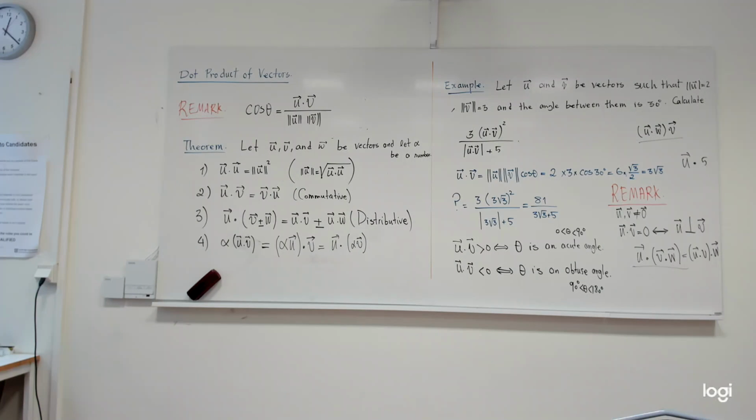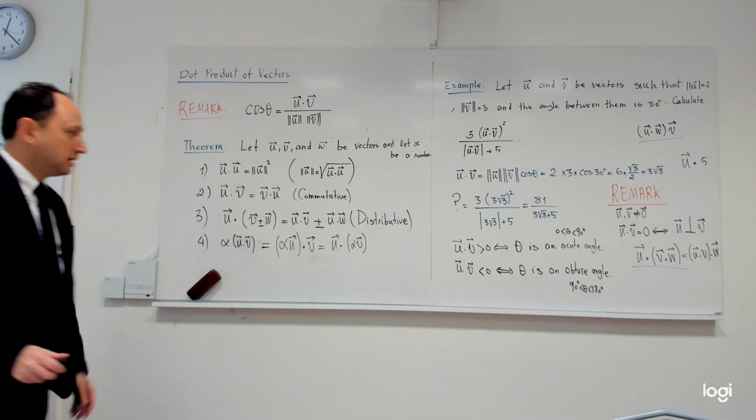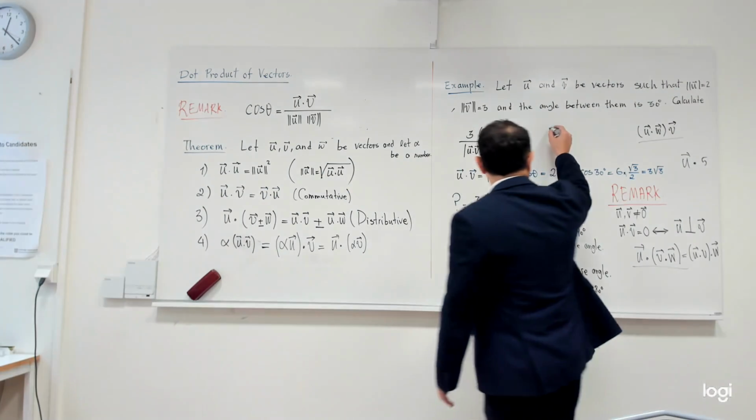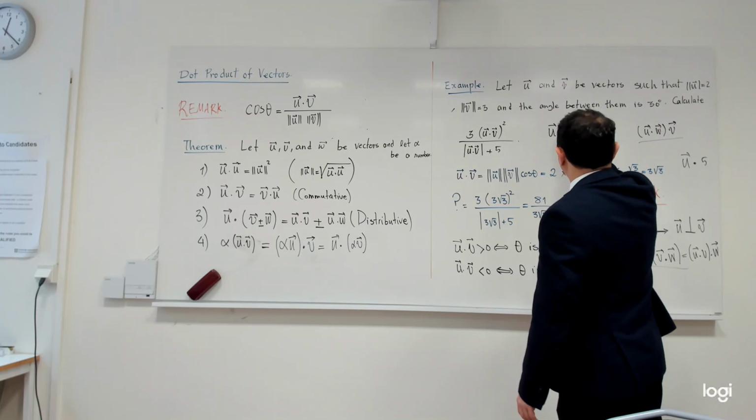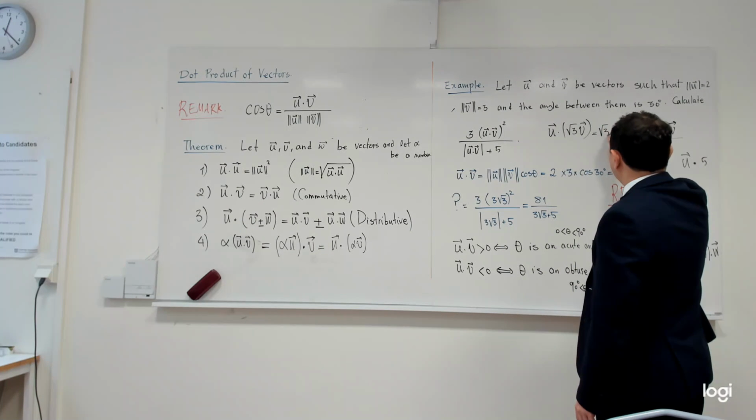But let us understand why. If you have a number inside a product, you can factor that out. It's not called factoring, you can pull it out. So for example, if I have u dot square root of 3 v, I can write it as square root of 3 times u dot v.